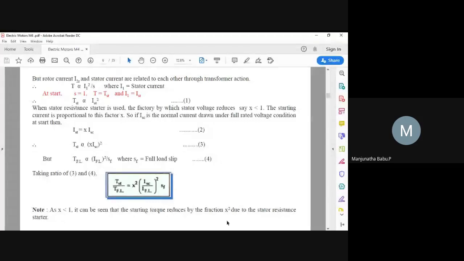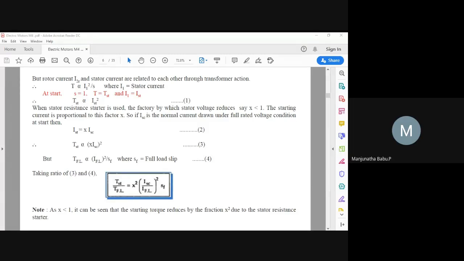Now is it visible? Now this is visible. Can you see the formula? Yes, sir.